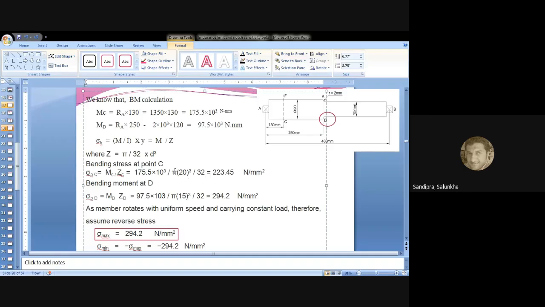So what value are you going to get for the bending stress at point C? Here we have written it as sigma B suffix C.